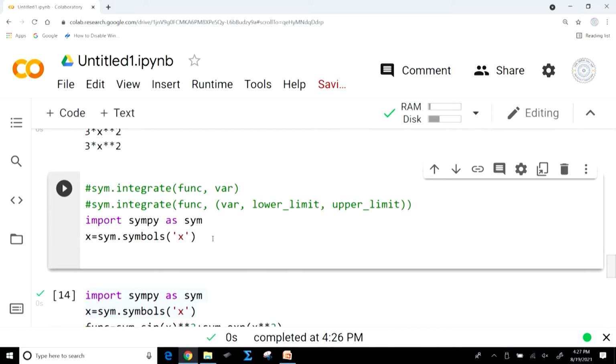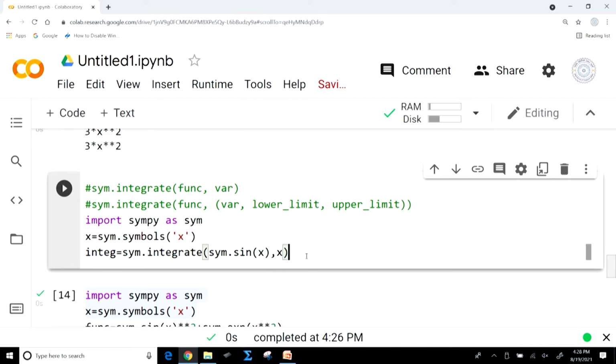Now, I can define a function or I can simply integrate. I can simply write integral equals simp dot integrate, and the function you are integrating, say sin x, and x of course.